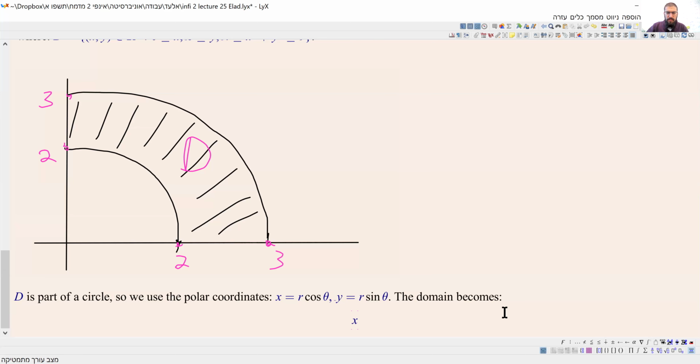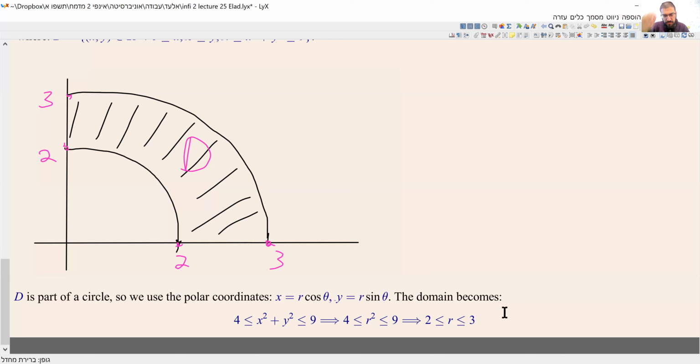If you have x squared plus y squared between 4 and 9, then yet again, x squared plus y squared is r squared. So it is r squared between 4 and 9, which is r between 2 and 3. Remember that r is a positive number, so we're not afraid of r between minus 2 and minus 3 or something like that.